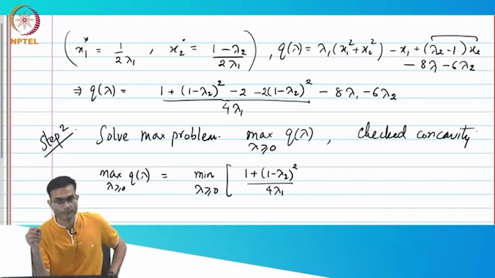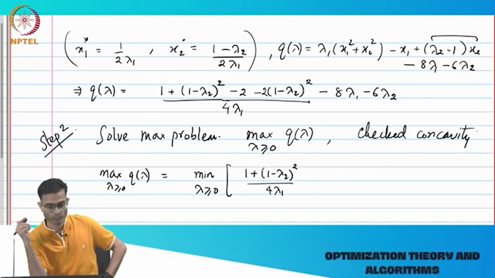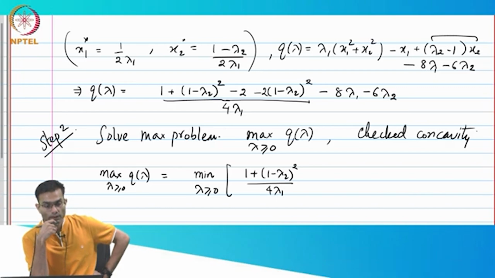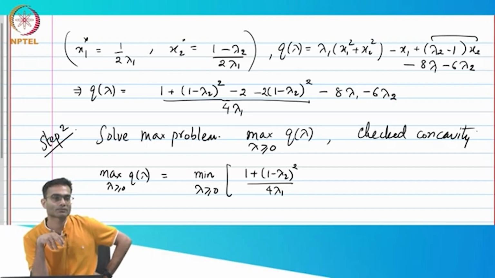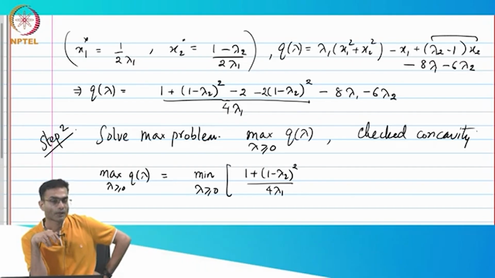Correct. In order to get Q. But now x1 star and x2 star should also satisfy C1x greater than 0. I can't verify that independently unless you tell me what lambda is. But wouldn't that impose some conditions? As of now, the only condition which we have is lambda greater than or equal to 0. Correct. Because of this, would there be some additional conditions?